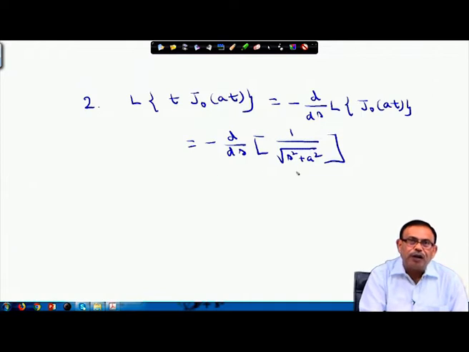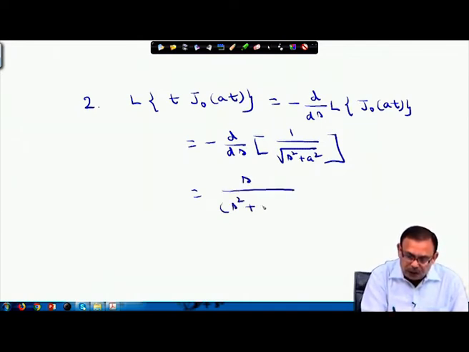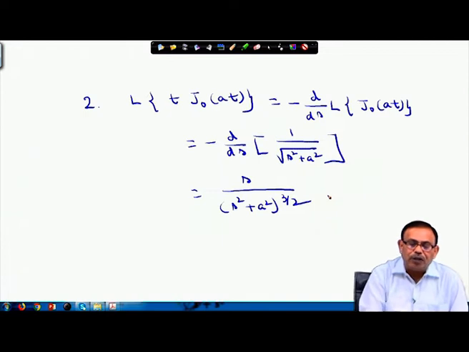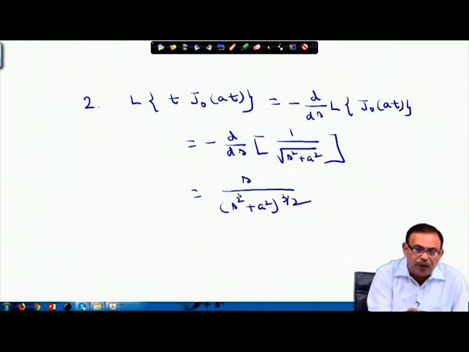I have to just differentiate this function once to obtain the required result, and I will obtain (s squared plus a squared) to the power 3 by 2 in the denominator. So, the second one: the Laplace transform of t into J0(at) is equal to s by (s squared plus a squared) to the power 3 by 2.